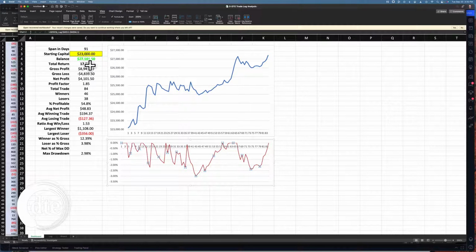So in that 3 months, it's 84 trades, a return of 17.83%, a max drawdown of 2.98%, so under 3%. Largest loser, 356, largest winner, 1100. Average winning trade, almost 200. Average losing trade, about 125. And that's at about a 55% win rate.